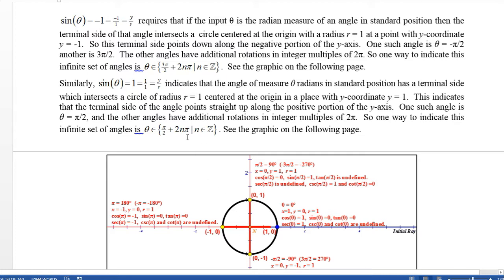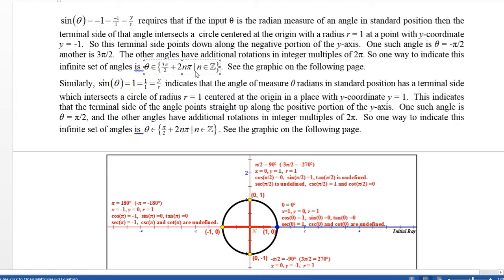And so we can express that as 3 pi over 2 plus 2n pi such that n is an element of the integers. So let's look at these symbols, make sure you know what this means. So theta is our input angle, which is our arc length here. That symbol means is an element of. The curly braces mean a set. This is 3 pi over 2 is one of those angles, and then we add to that some n times 2 pi.